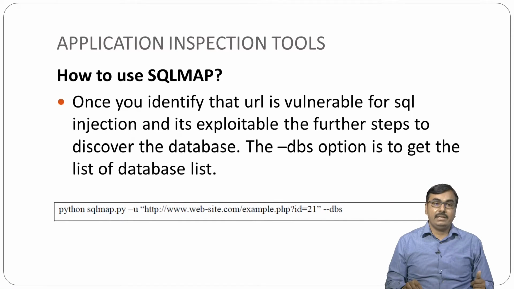Now, by entering the command in the terminal, python sqlmap.py -u and providing that particular URL, you will get some basic information regarding the database version, operating system, and web server also.